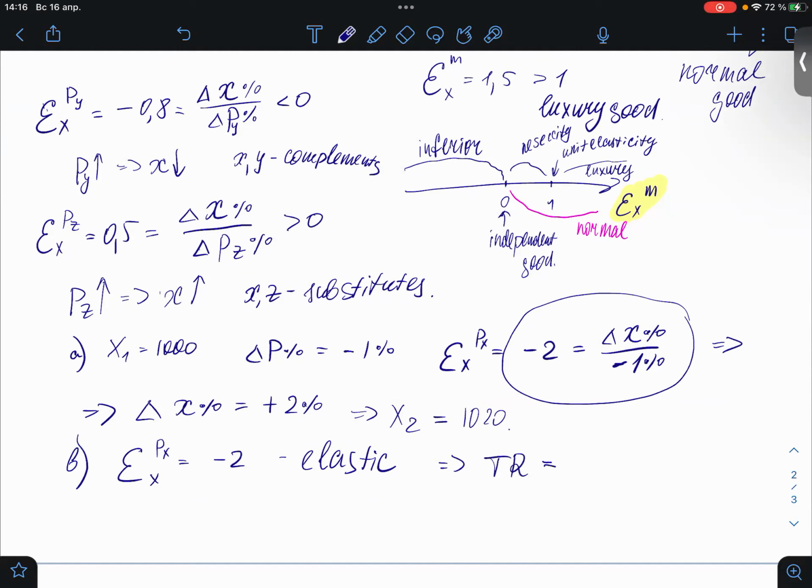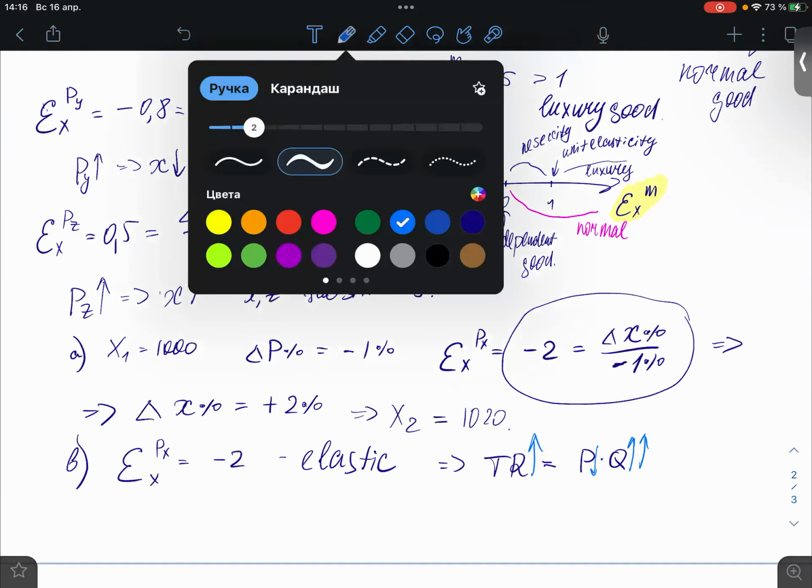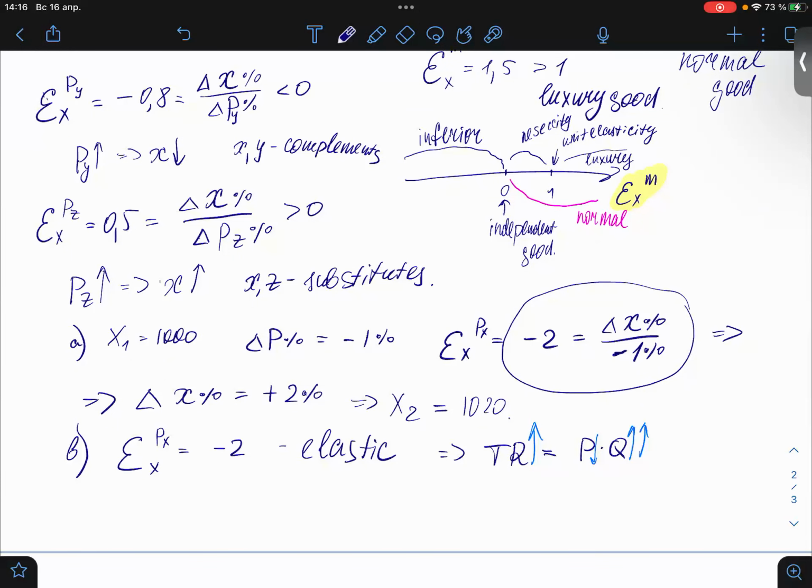Total revenue, one more time, is price multiplied by quantity demanded. And what do we need to do to increase total revenue? We need to lower the price because we will have a strong reaction of consumers and total revenue will increase. Or we can say it like that. The change in total revenue in percents is the change in price in percents plus the change in quantity demanded of good X in percents.